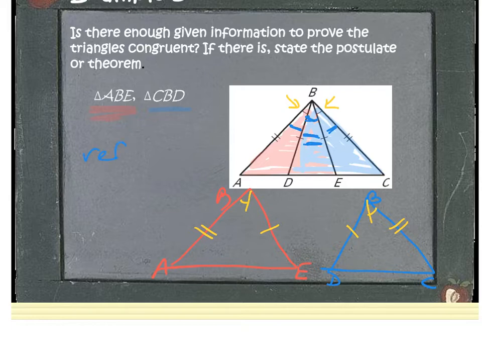So I get a reflexive angle in here, and then I can show that the two triangles are congruent by side angle side. So I would be able to show that these are congruent. And we're going to be walking through different proofs like this, but we would have a reflexive angle in there.